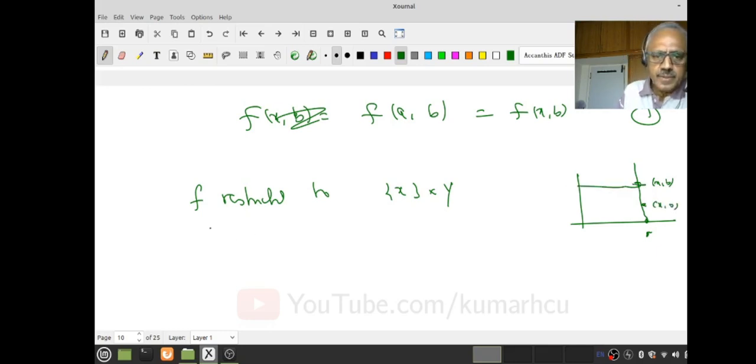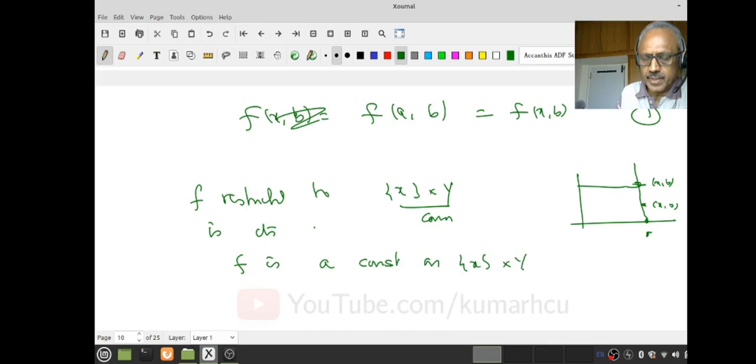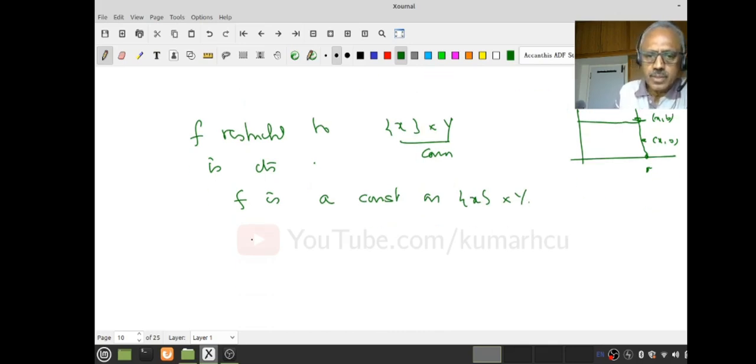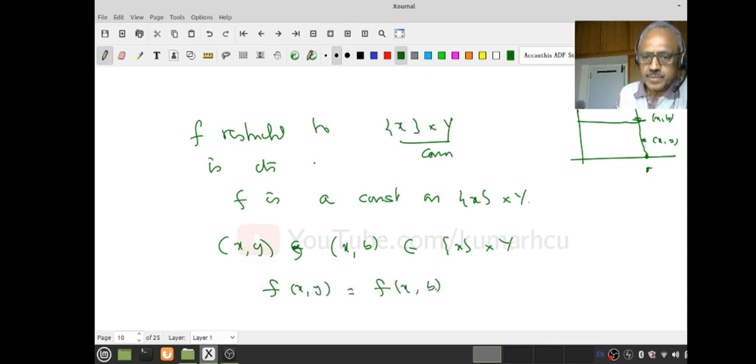Right? This is continuous and this is connected, therefore f is a constant on {x} cross Y. Therefore now let's look at the 2 points. (x, y) and (x, b) both are in {x} cross Y. Therefore f(x, y) must be equal to f(x, b).